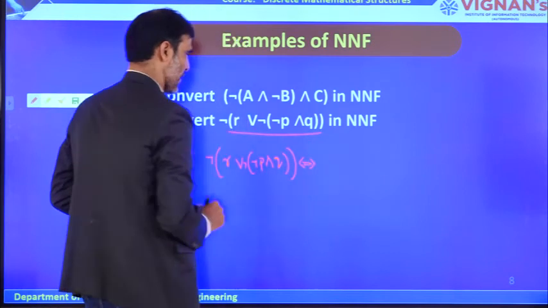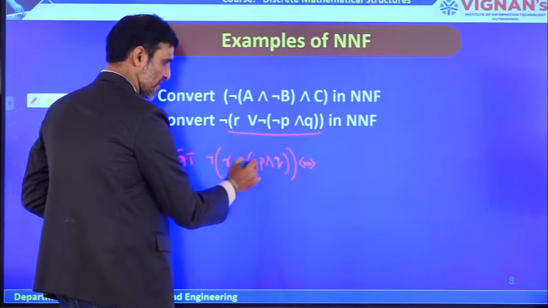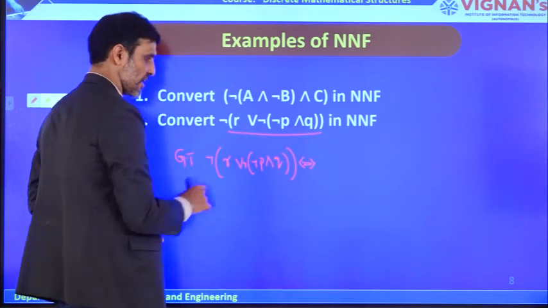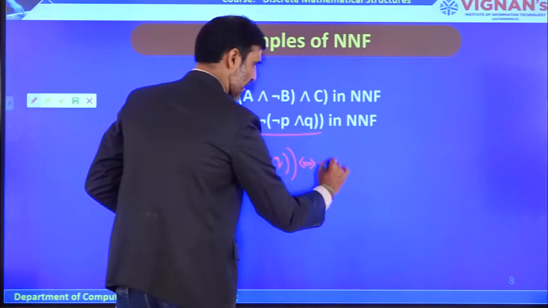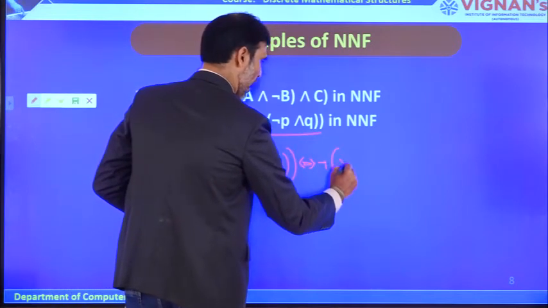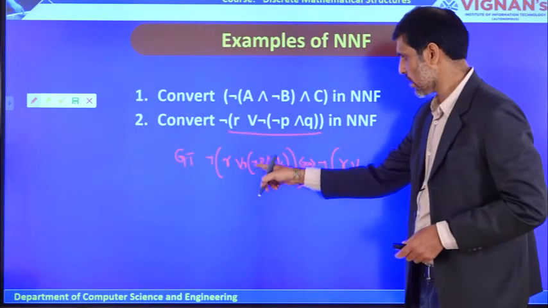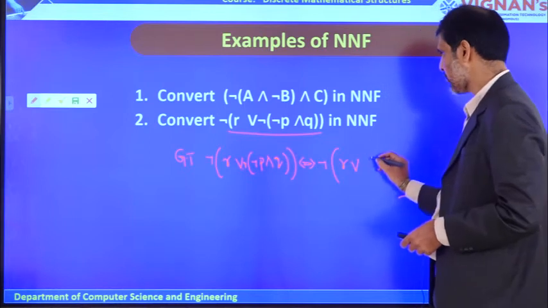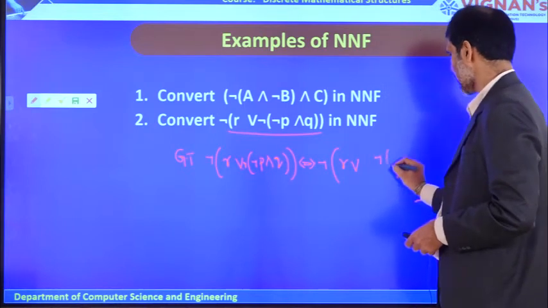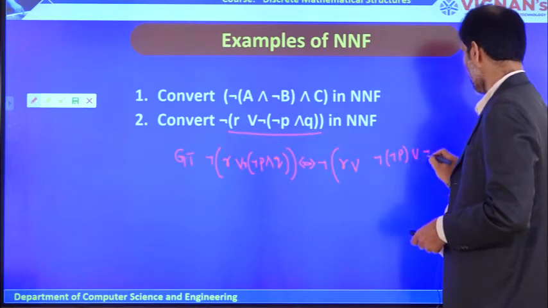Inside the braces there is a negation in front, so I write negation of R, and then for negation of P and Q, apply De Morgan's law: negation of P or negation of Q.